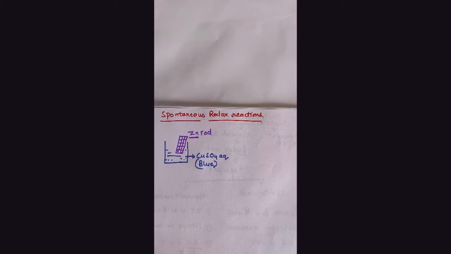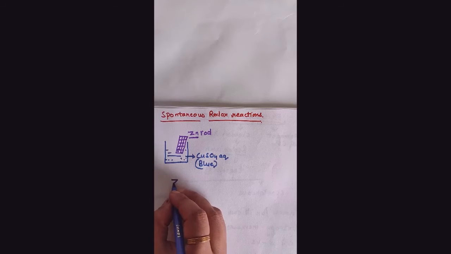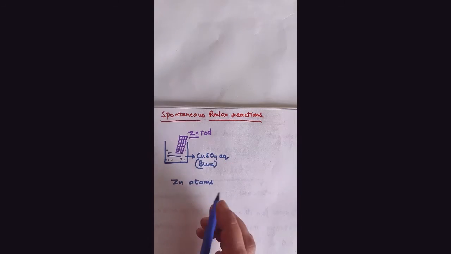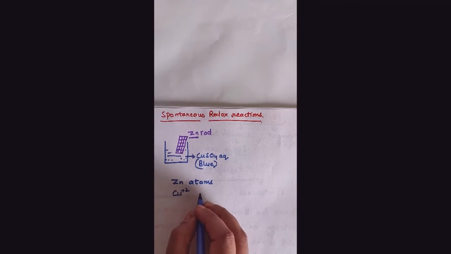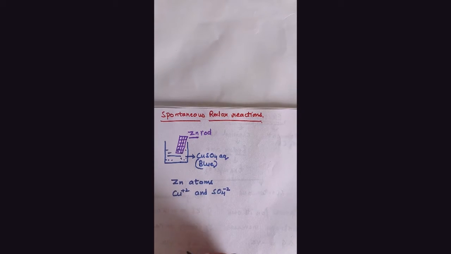So you are having two things here. One is the zinc rod, and that means you have zinc atoms here, okay. And then because you are having copper sulfate, you are having copper plus 2 ions, and you have sulfate ions, okay.